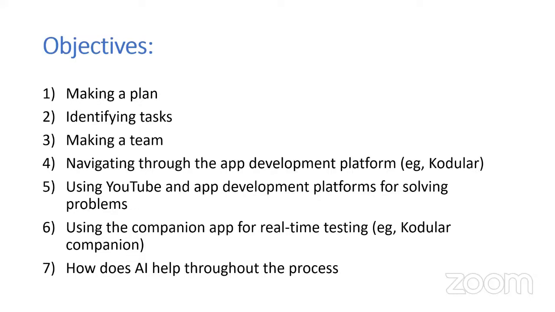The fifth objective is how to use YouTube and app development platforms for solving problems. The sixth objective is using the companion app for real-time testing. And the last objective is how artificial intelligence helps throughout the process.